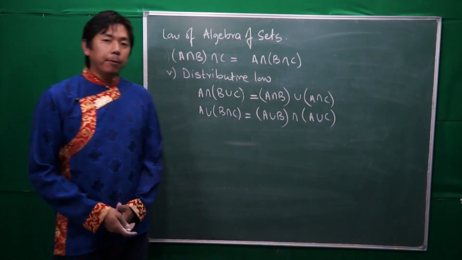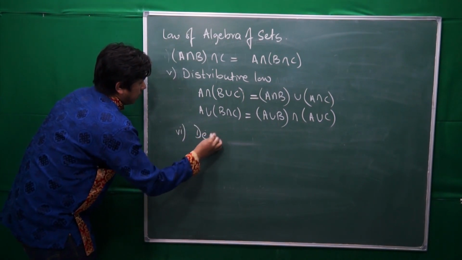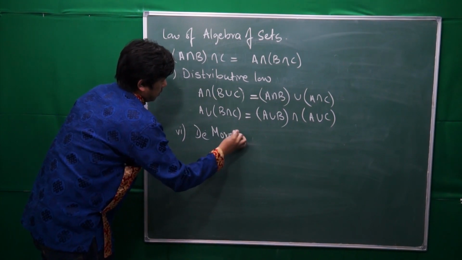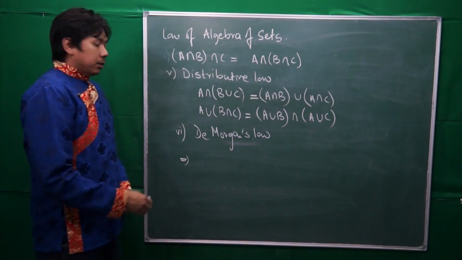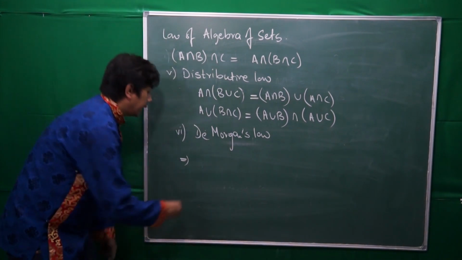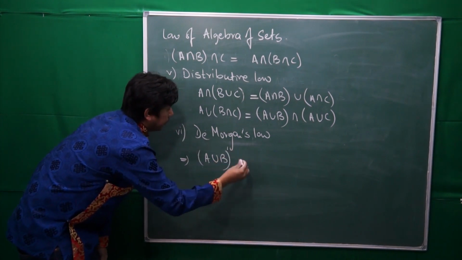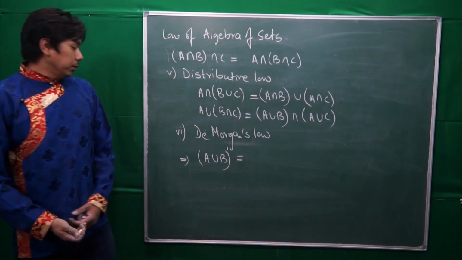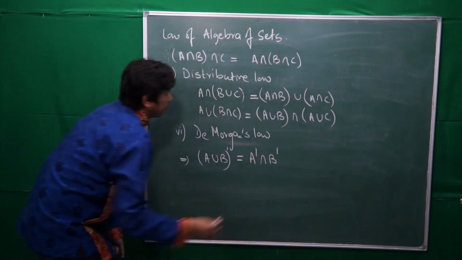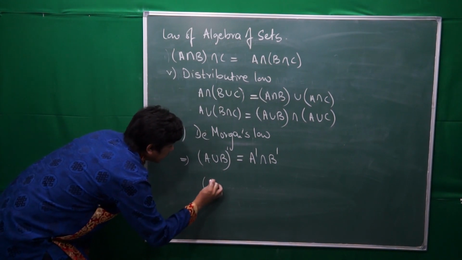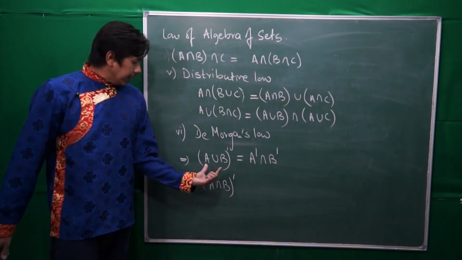There's one more law by the name of De Morgan's law. De Morgan's law states that A union B whole complement is equal to A complement intersection B complement. Similarly, for intersection, A intersection B whole complement. Now in this case, what is happening?